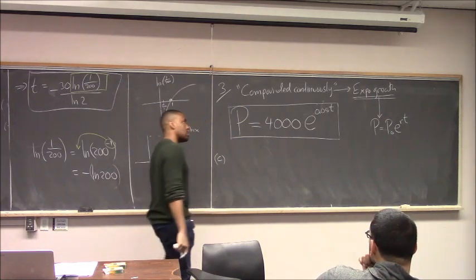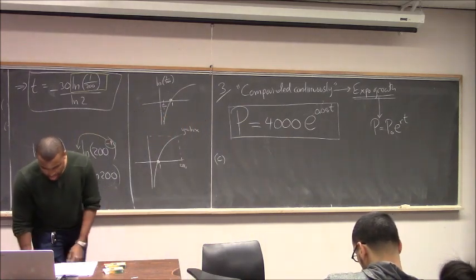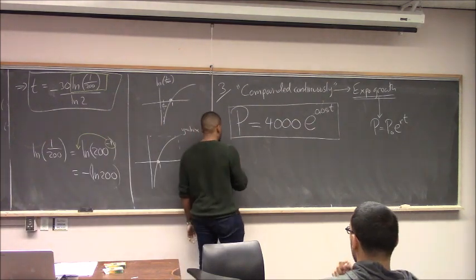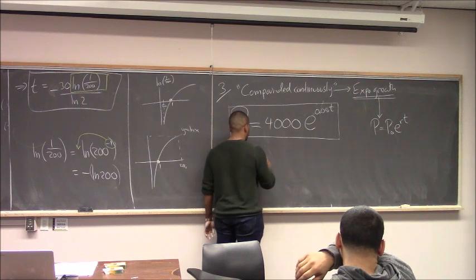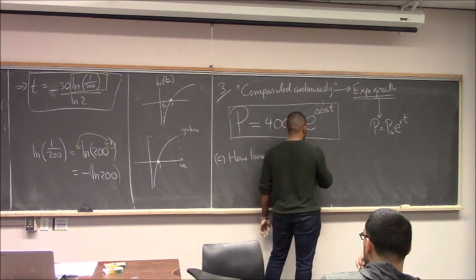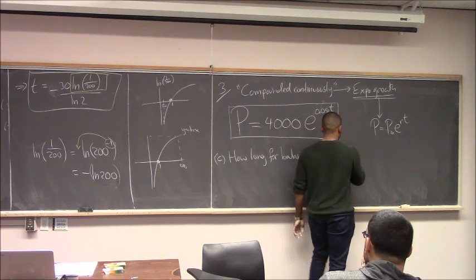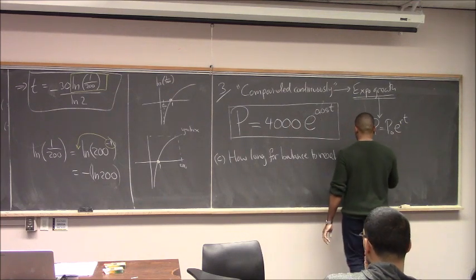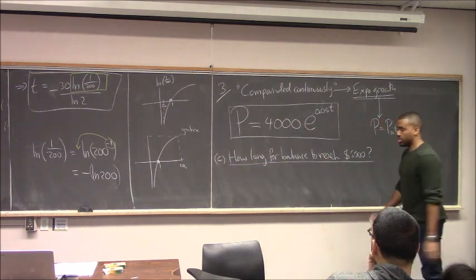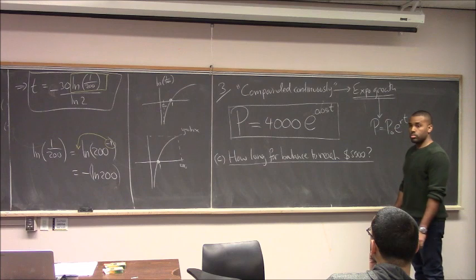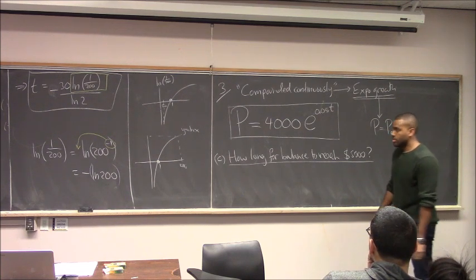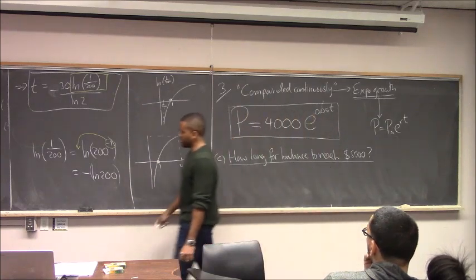If we were to jump to C, and I asked you, how long will it take to reach 5,000? How would you answer that question? What is this asking us for?